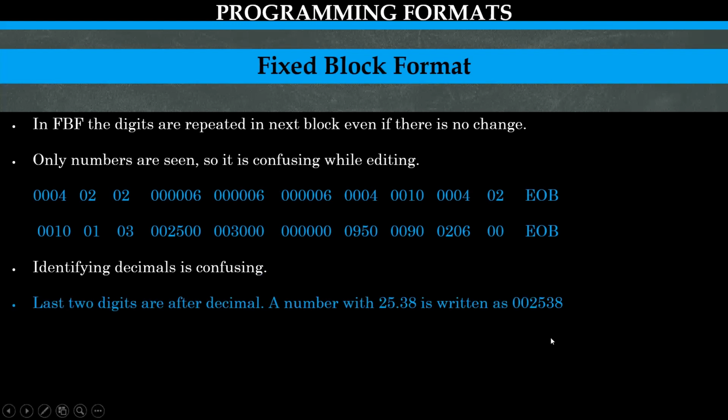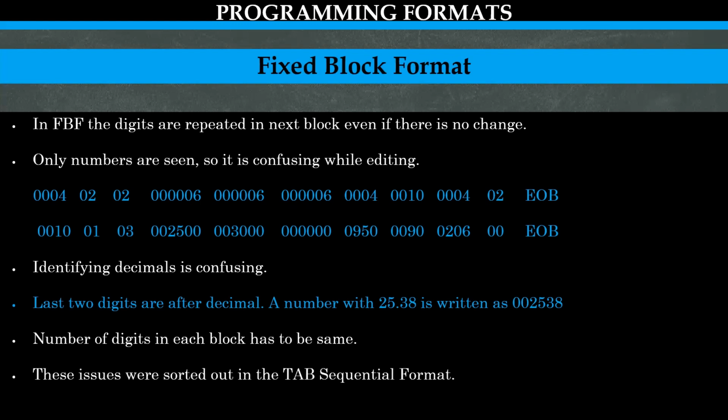For example, a number 25.38 is not written as 25.38, but it is written as 2538, where the last 2 digits are for the decimal. If we see this number 0.00006, it indicates a dimension of 0.06. The number of digits in each block has to be the same.